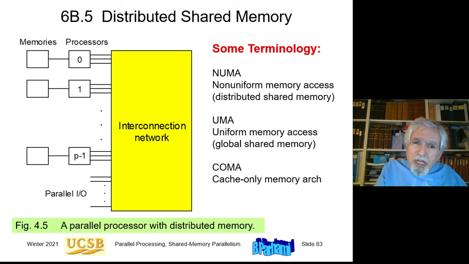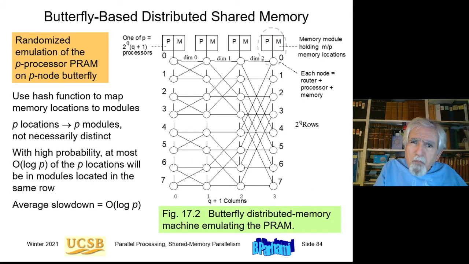Okay, distributed shared memory we already introduced, where memories are basically behind the processors. So here's an example of a distributed shared memory parallel computer using a butterfly network as the interconnection network. I've only shown 4 of the processor memory pairs here. Each of these other rows also has processor memory pairs.